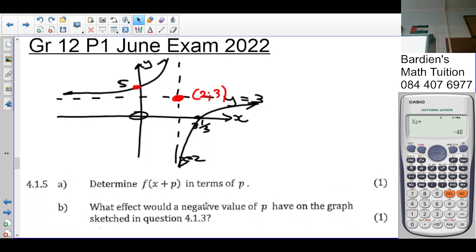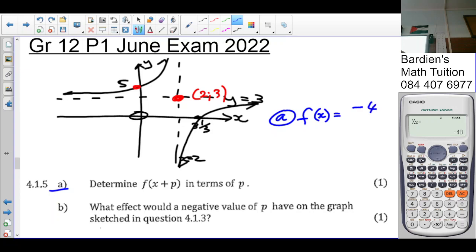In question 4.1.5, it says determine f of x plus p. So what's the equation of f of x? Plus 3.